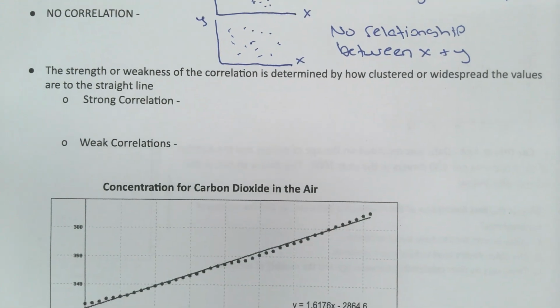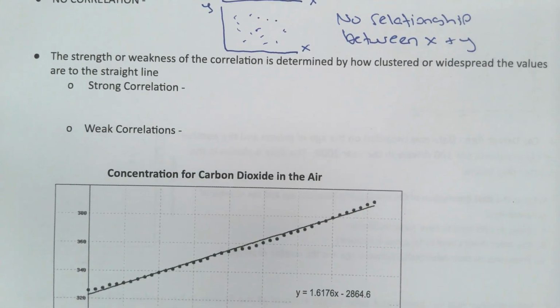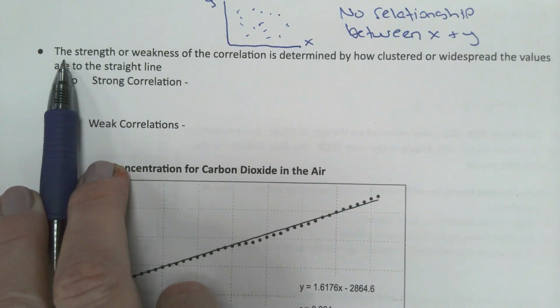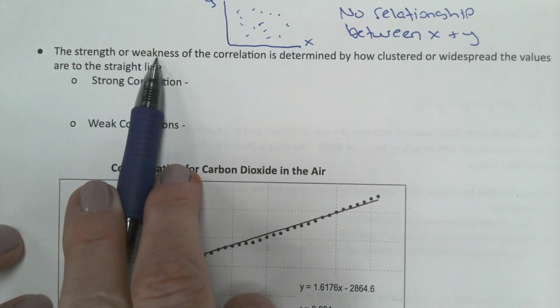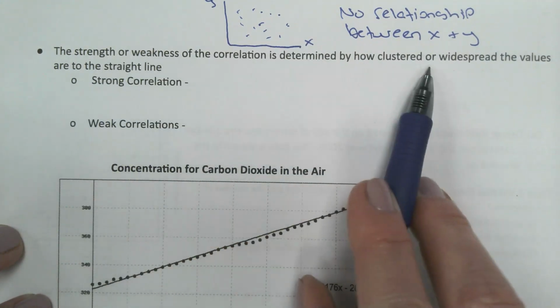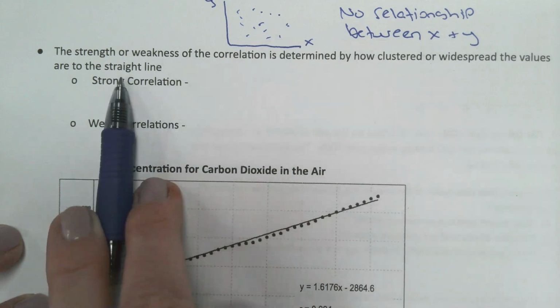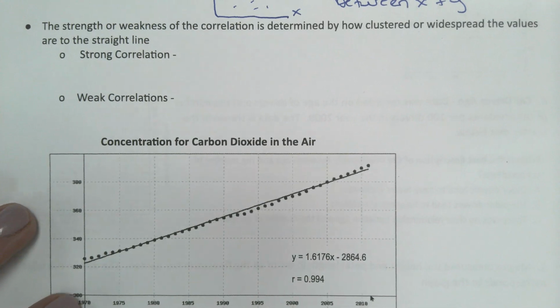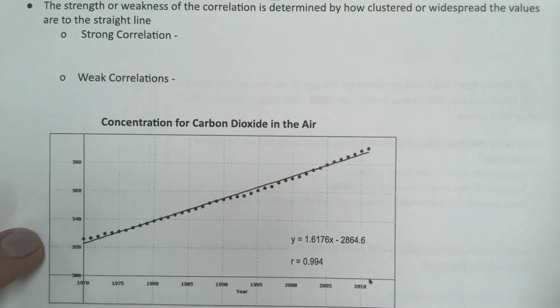Next section is talking about the strength of the relationship between x and y. The strength of the correlation is determined by how clustered or widespread the values are to the straight line. The straight line is what we would call the line of best fit.